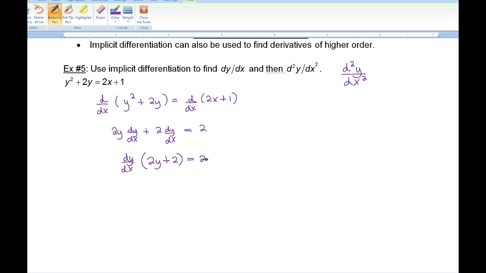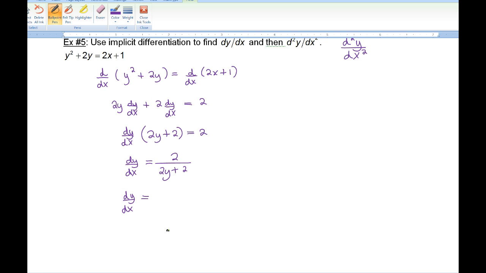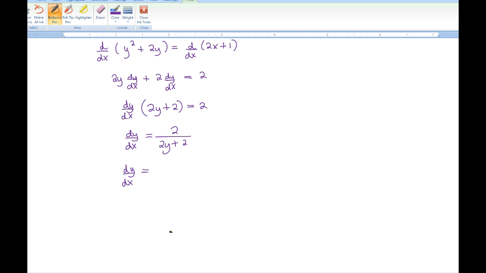Next we'll divide, and then we also want to simplify. So if I have 2 over 2y plus 2, definitely reduce it. It just makes things easier in the end, because we're going to have to do the derivative of this. So if you don't simplify, it just gets more complicated. So 1 over y plus 1. Okay, there's our first derivative.